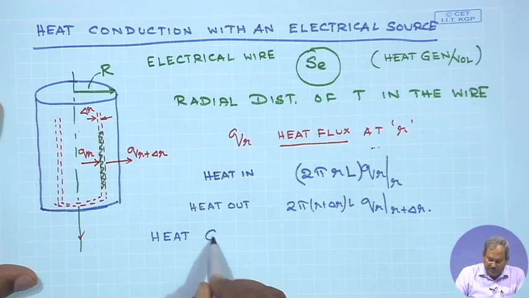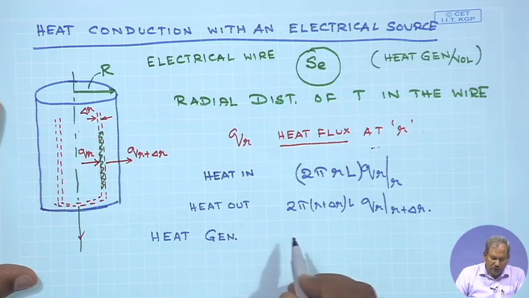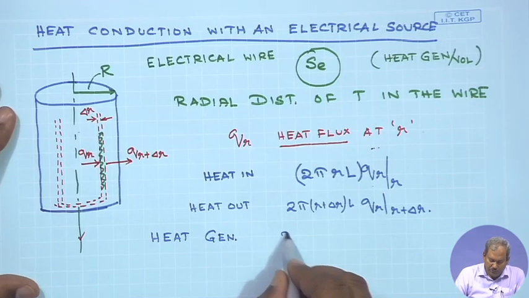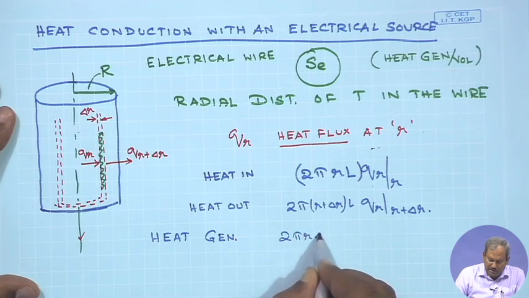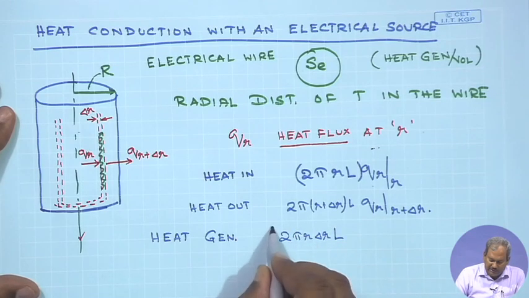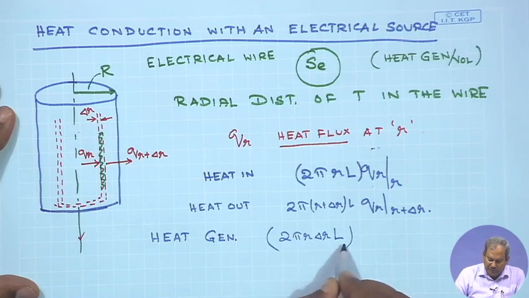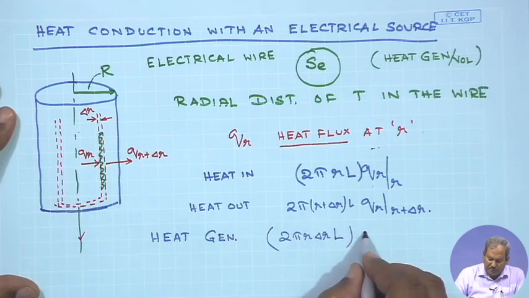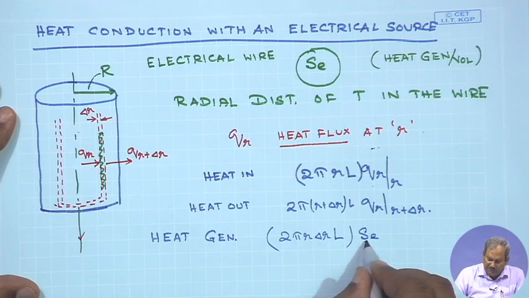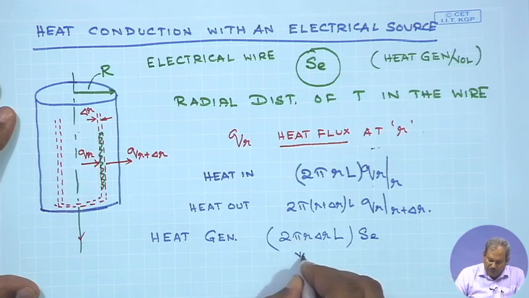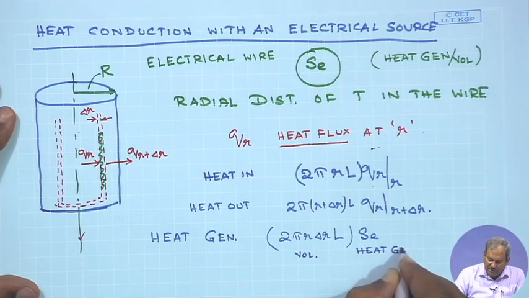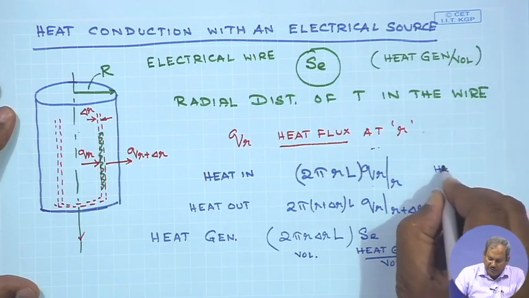And the heat generated would simply be equal to the volume, which is twice pi R delta R times L. This is essentially the volume of the control volume that we have chosen. So, this has units of meter cube multiplied by S E, which is heat generated per unit volume. So, this is volume and this is heat generated per unit volume, and these are all rates.